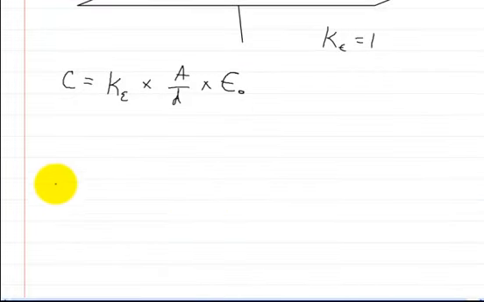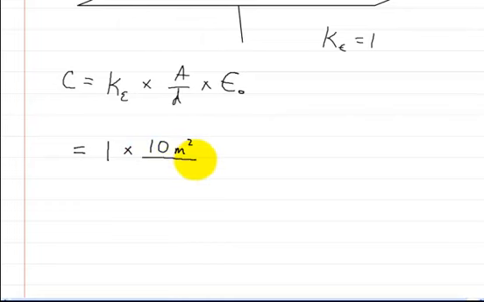We're going to have 1, that's the dielectric constant of air, multiplied by the area, which was 10 square meters, divided by the distance between them, which was 2 centimeters, which is 0.02 meters, and multiply that by 8.85 times 10 to the negative 12 farads per meter.